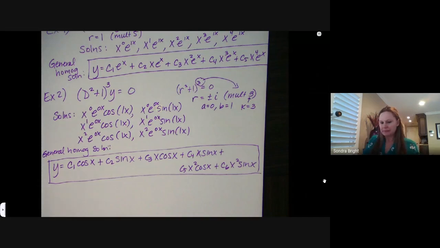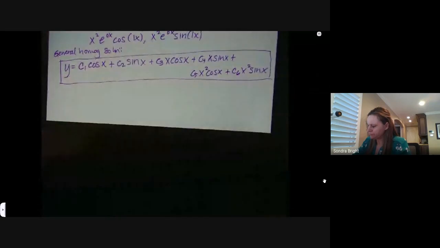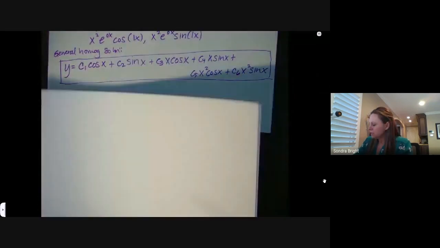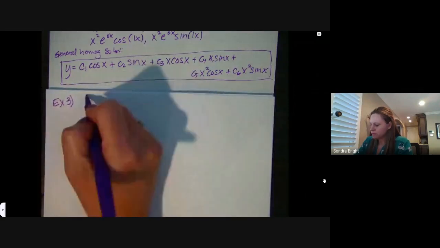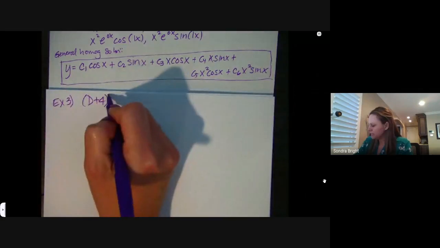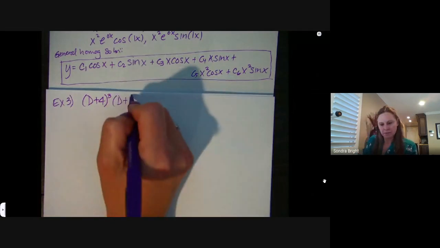All right, let's do another example. How about d plus 4 to the third times d plus 1 squared operating on y will give you 0.